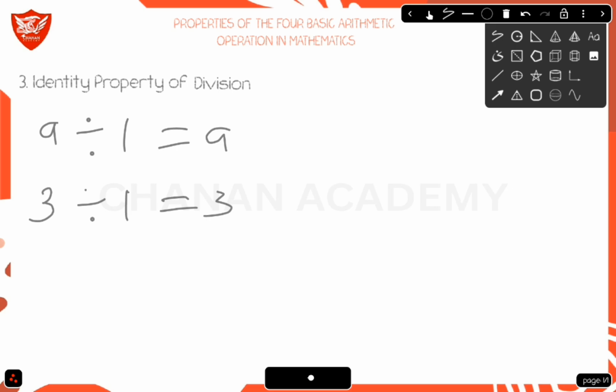So seeing this, you can tell that 1 is also the identity element for division. Any number you divide by 1 will give you that number.